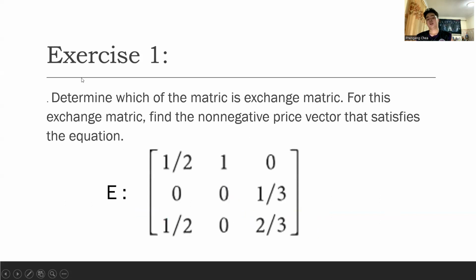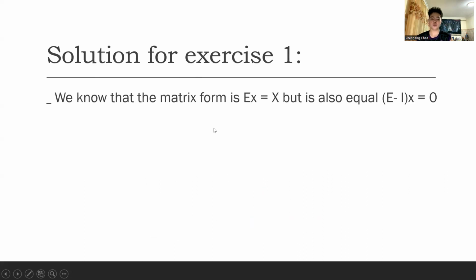And now let's get into exercise 1. Determine which of the matrices is an exchange matrix. For this exchange matrix, find the non-negative price vector that satisfies the equation. We have E here, and this is the matrix that the exercise gives us. First of all, we know that EX equals X, but it also equals (E minus I)X equals 0. Now let me show you how it works.